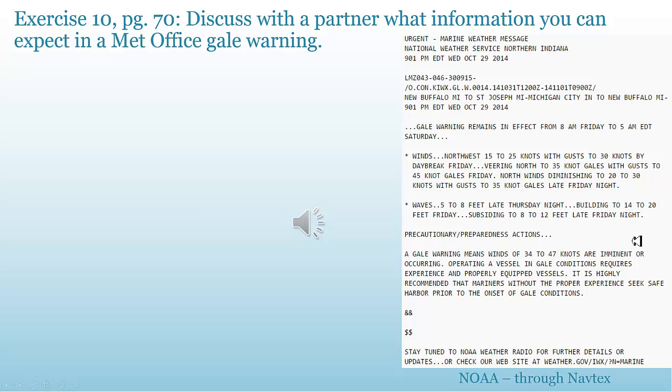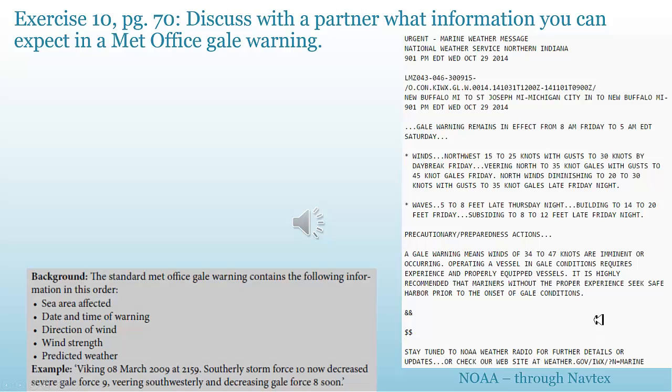So now the NOAA, you don't see anything about the Beaufort scale here. They're referring to the size of the waves in feet, and they're talking about the wind in knots here. So now if we turn over to a standard Met Office gale warning, they're going to have basically the same kind of information: the sea area affected, and as I said, there are different sea areas around the UK, and they all have names, and then the date and the time of the warning.